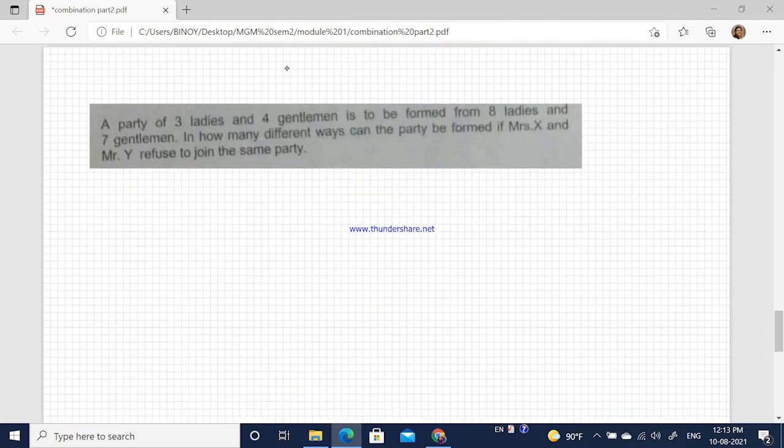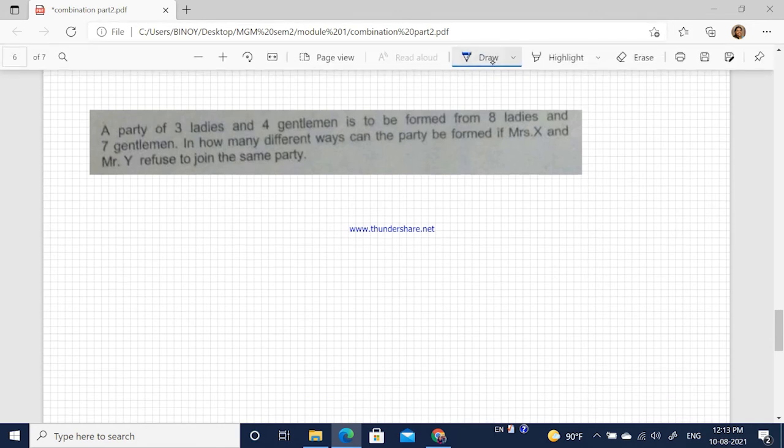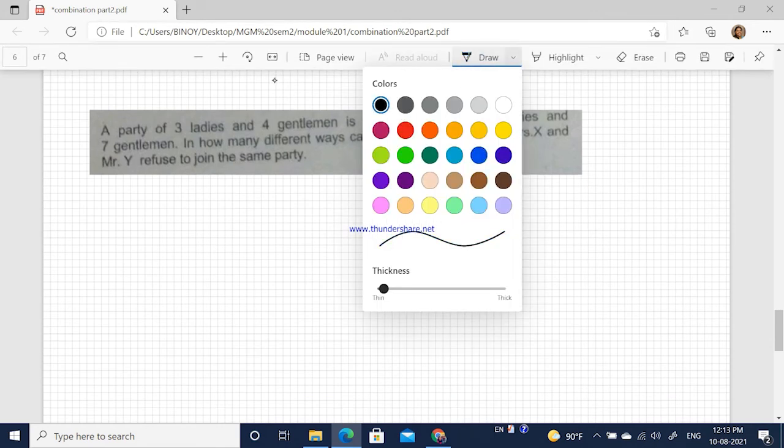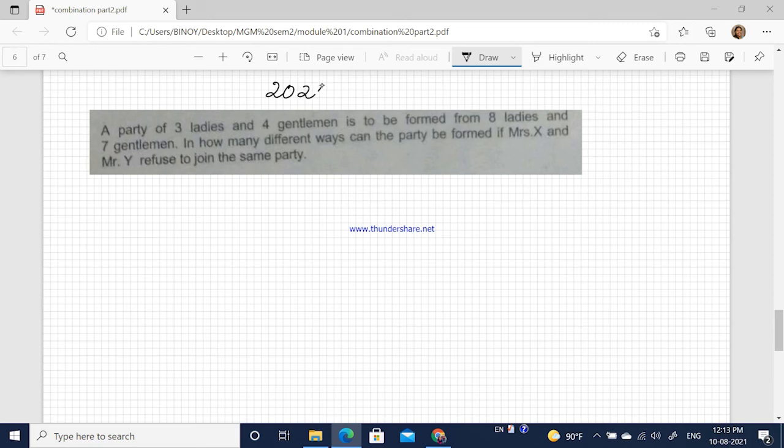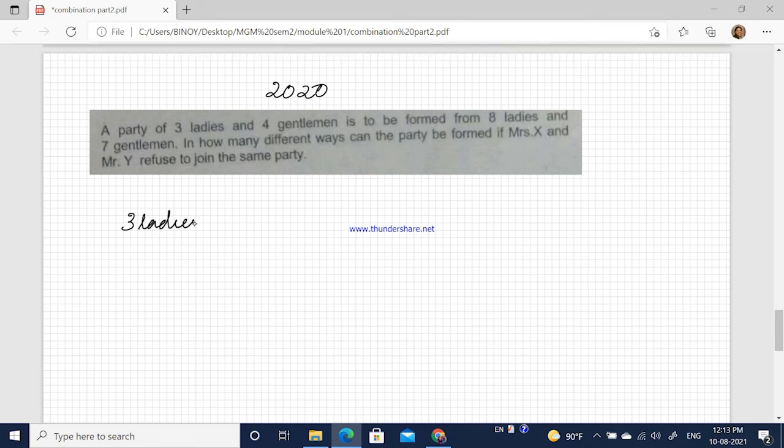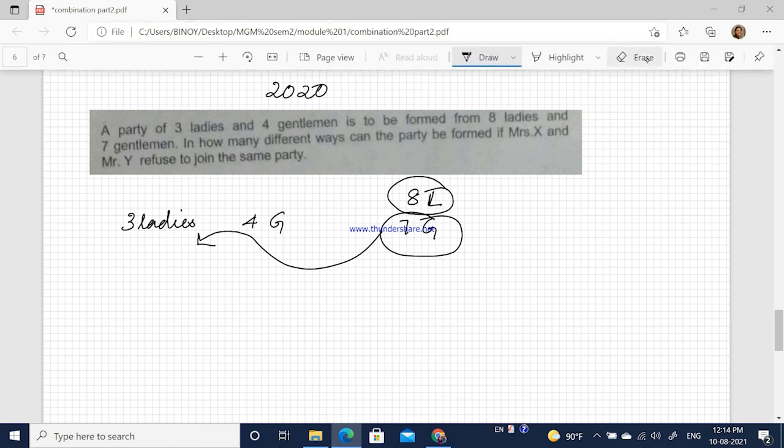This is a past paper question, a 2020 question. A party of 3 ladies and 4 gentlemen is formed from 8 ladies and 7 gentlemen.